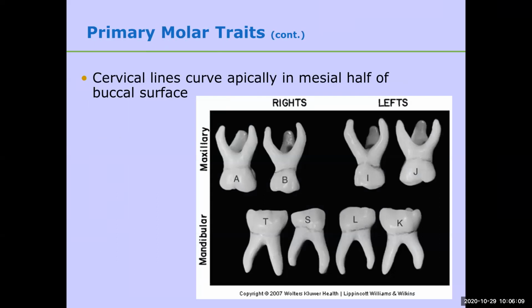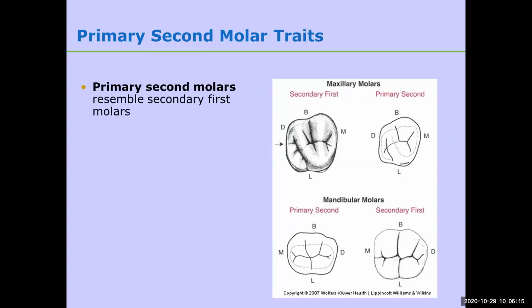Curvy. Cervical lines curve apically. All right, we're going to talk about the primary second molar before we talk about the first molar, okay? Because the primary second has a lot of characteristics like the permanent first. It mimics the permanent first molar.